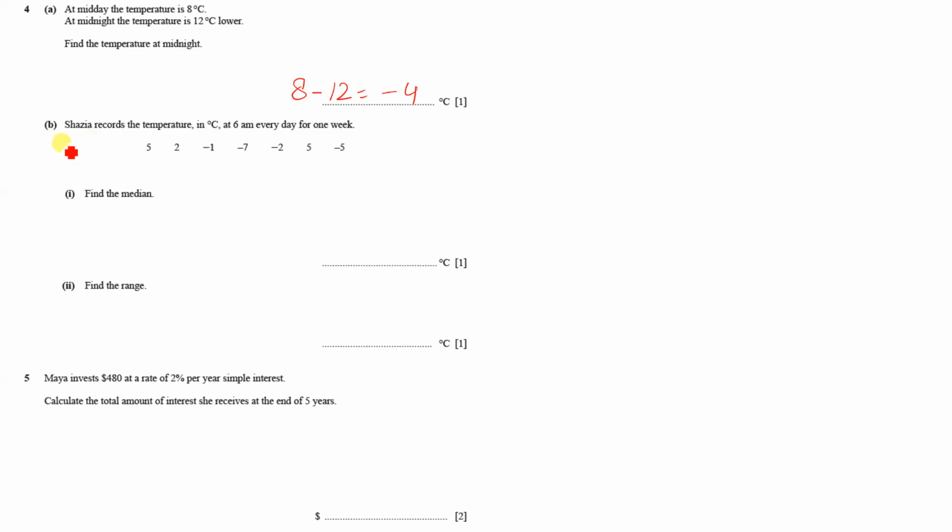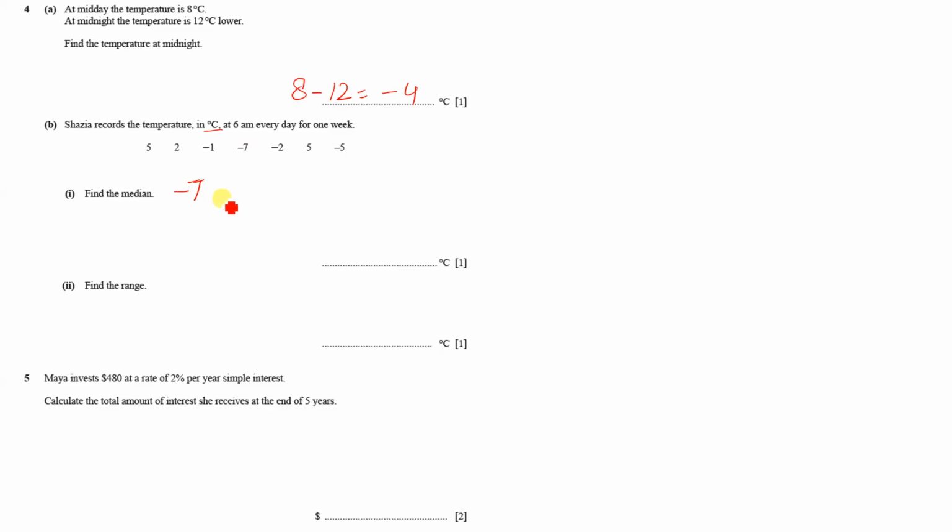Part B. Shazia records the temperature in degrees Celsius at 6 a.m. every day for 1 week. Find the median. So for this, first of all, let's arrange these numbers in ascending order.